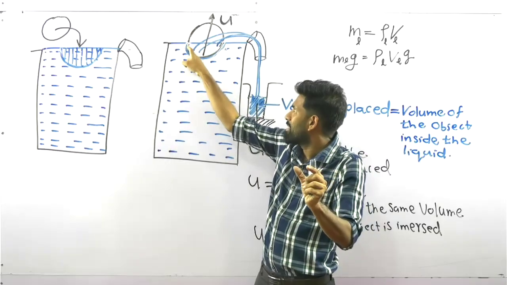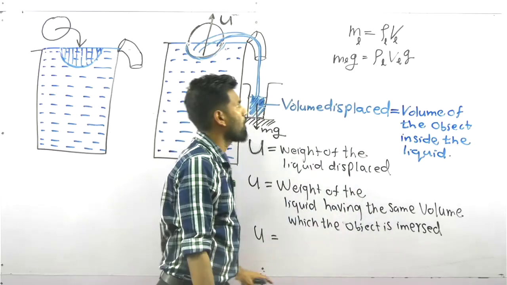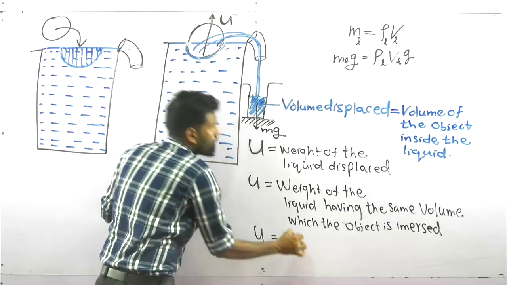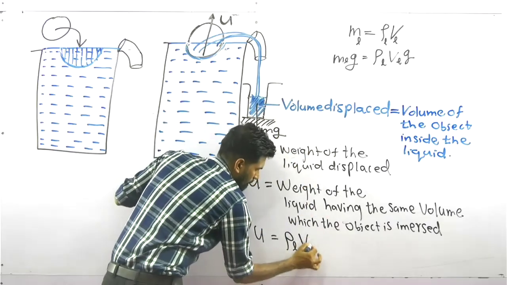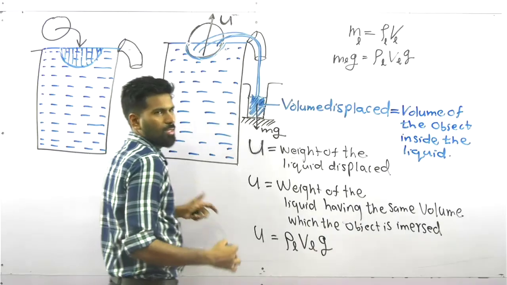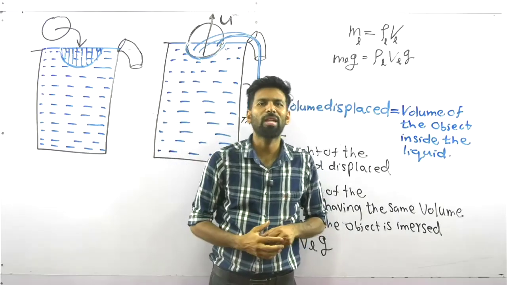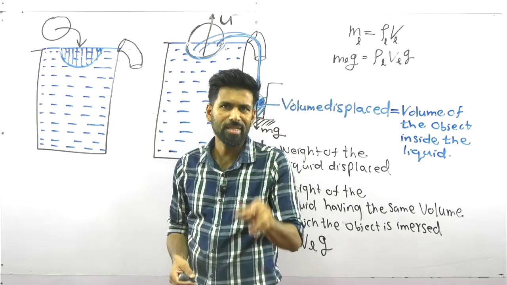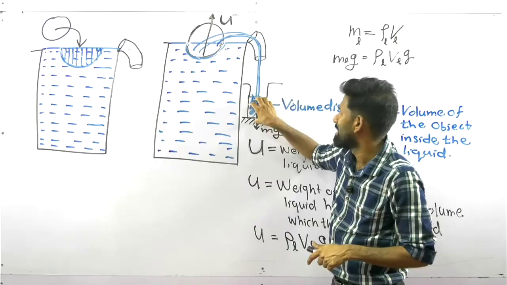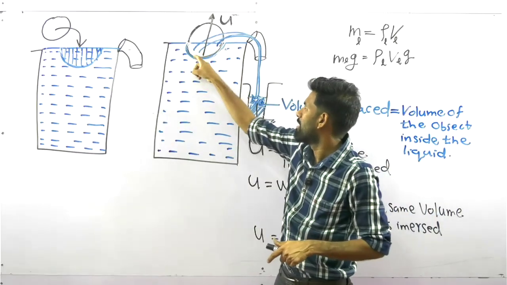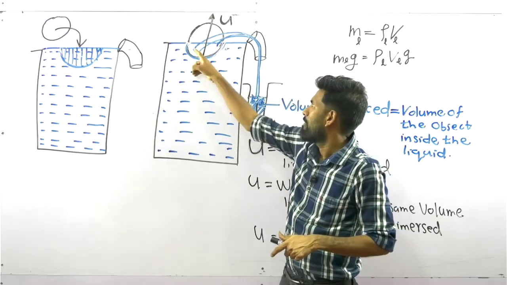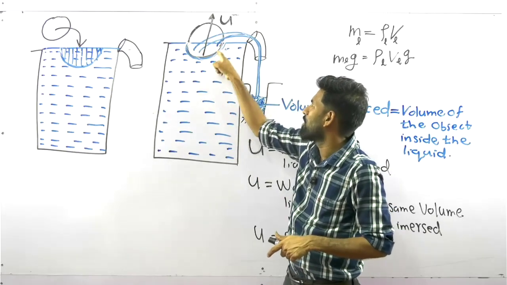Okay, so how to write the weight of a liquid? Density of the liquid, volume of the liquid, acceleration of gravity. Here, what is this volume of the liquid? It is the volume of liquid that came out when the object occupied that space.